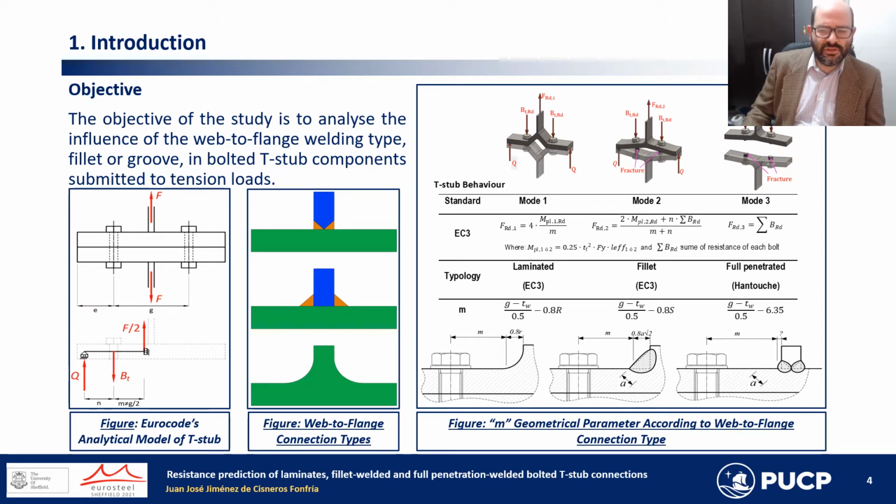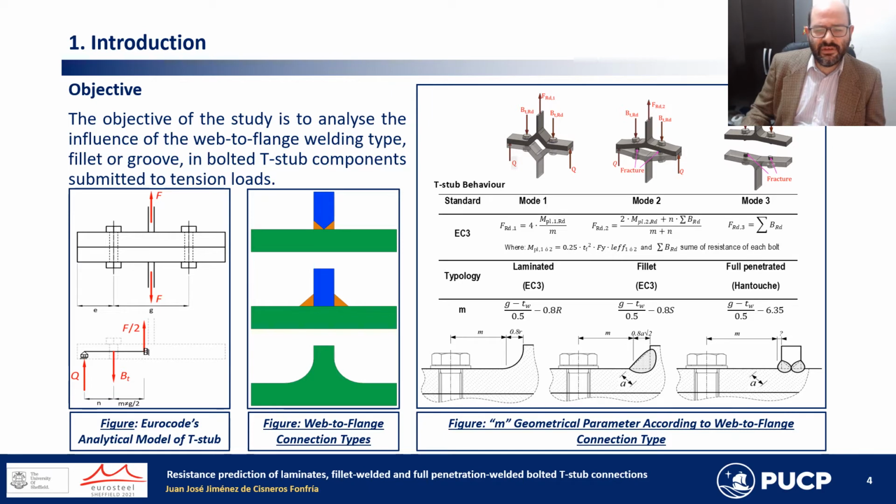According to the geometry and the mechanical properties of the T-profile and the bolts, three different mechanisms of failure can be reached, depending if the failure reached is as a consequence of the yielding of the flange, the rupture of the bolts, or the plastification of the flange and the bolts simultaneously.